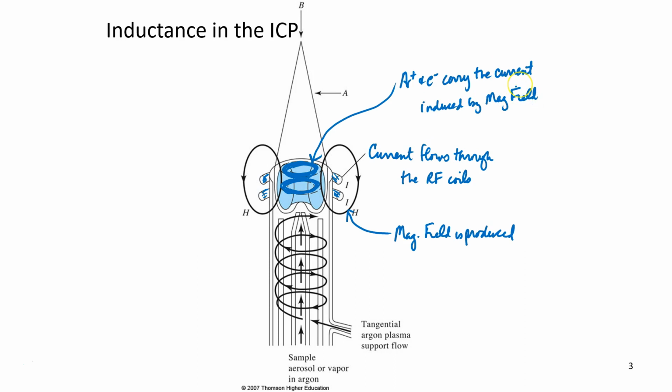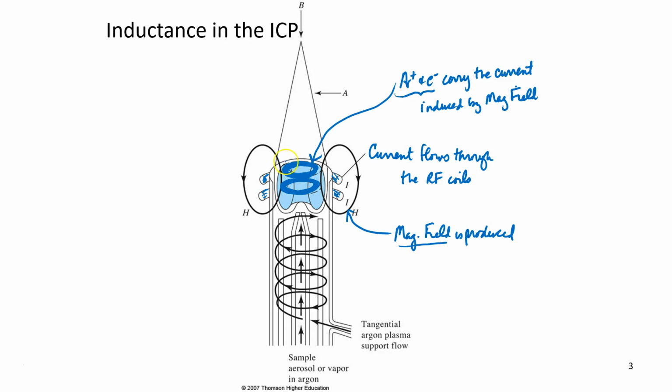And then there's one other thing to think about. We said earlier that anytime current flows through a wire, there's going to be a magnetic field associated with it. But another thing that happens anytime current flows is there's going to be resistance to that current. And I don't know what your intuition is telling you about this process, but would you think that gaseous ions and electrons are a good conductor of current?